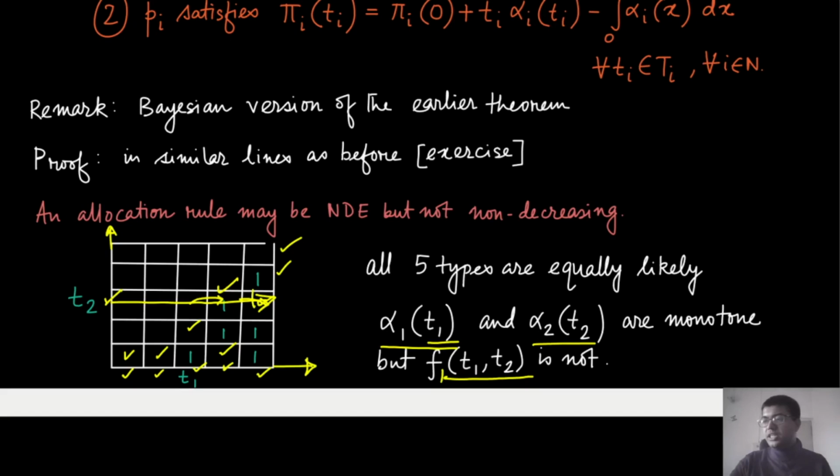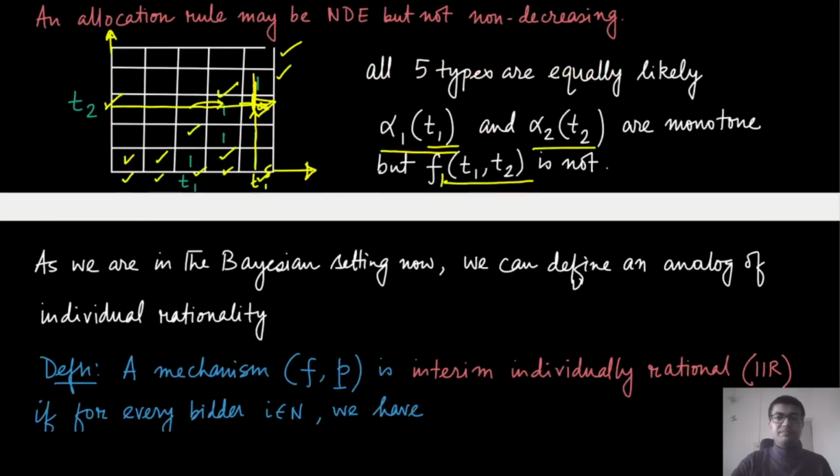From here to here it dips, from here to here it increases and then it dips when player 2's type is, let's say, this is T15. So this is the type of player 1. For both these players, the non-decreasingness is violated, even though it is non-decreasing in expectation. So that shows that with this kind of an allocation rule, you can still have a Bayesian incentive compatible mechanism, but you cannot have a DSIC mechanism.